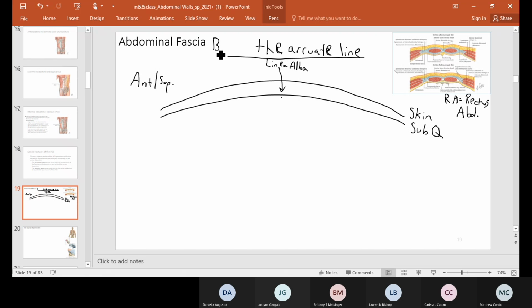So below the arcuate line, we're still going to have our layer of skin. We're still going to have our layer of subcutaneous tissue. We're still going to have our three muscles. So EAO, IAO, and TA.